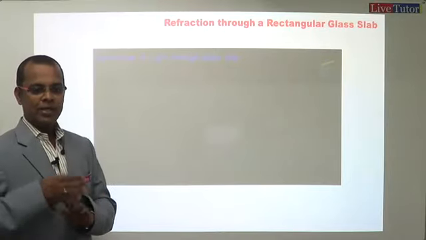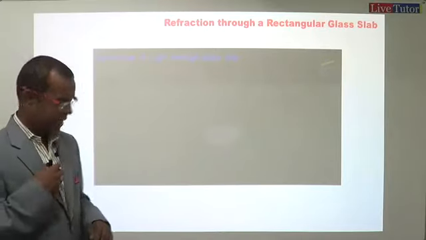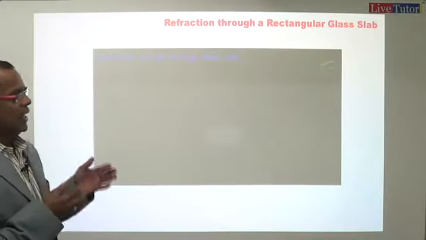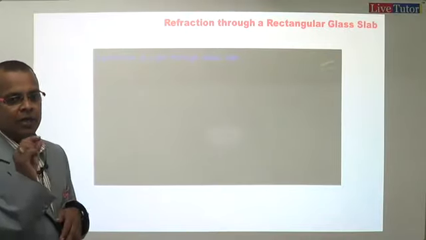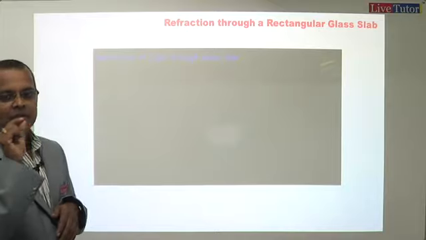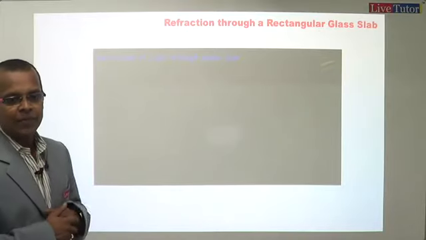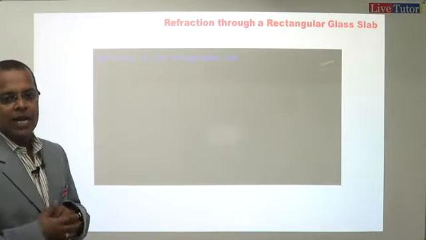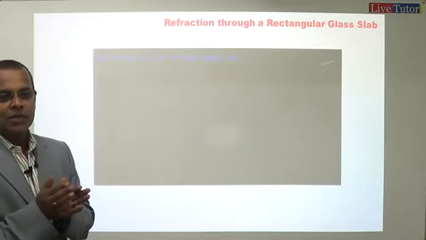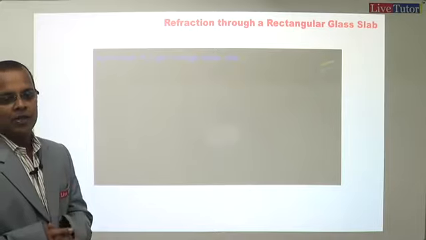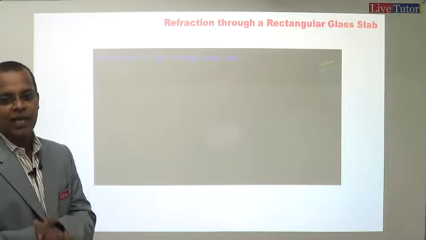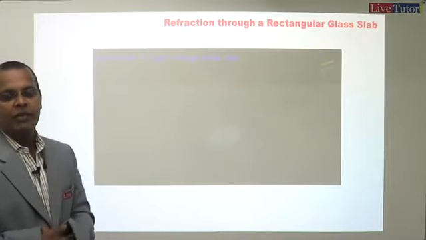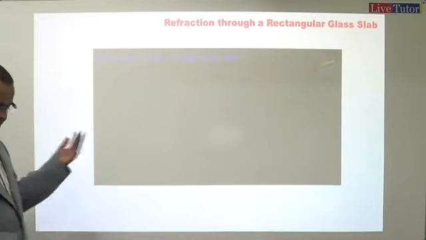Due to that, the direction is somewhat displaced. If the incident angle is in one direction, the light would otherwise travel in the same direction. But when it comes out of the glass slab, you would have seen that it has been laterally displaced by some distance. It is because of the refraction of light in the different medium.